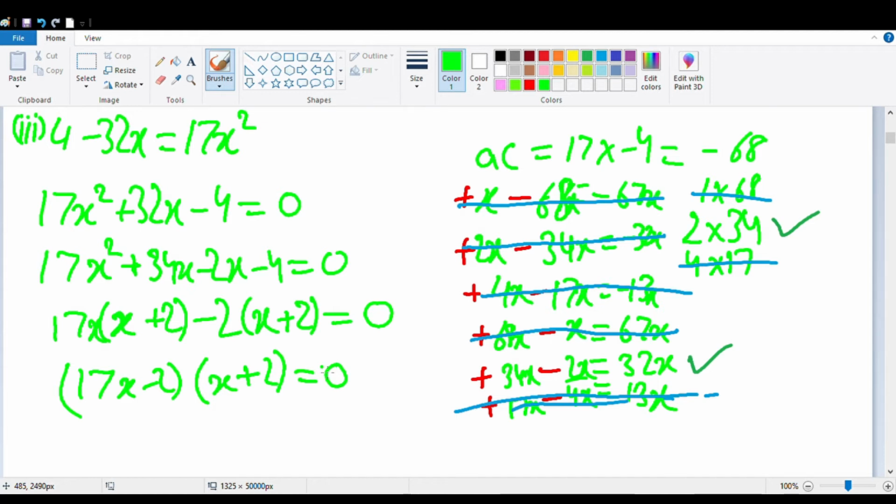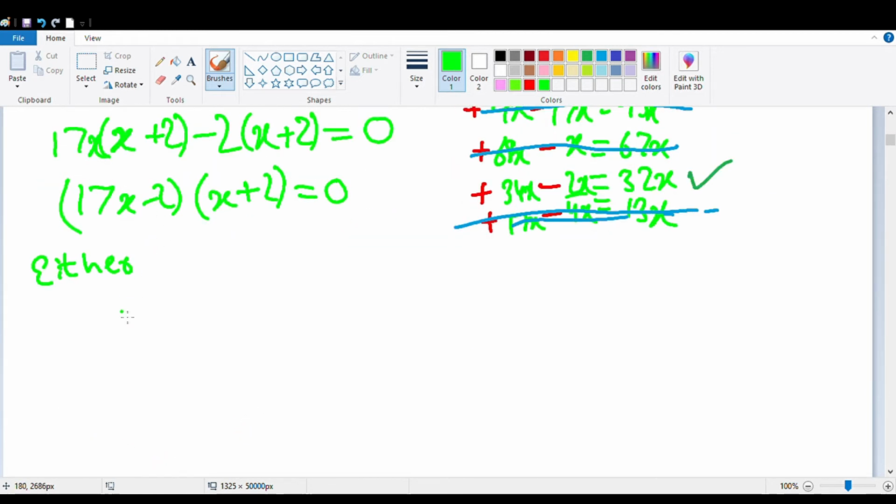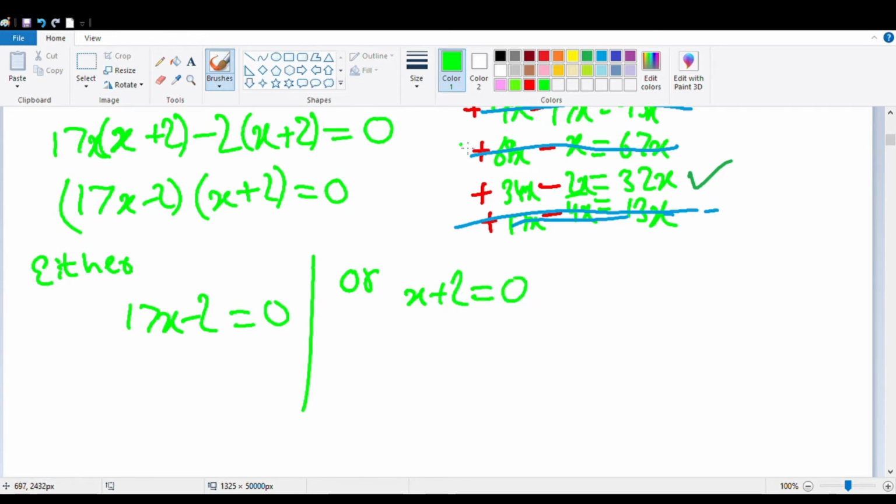So it's not a big thing if someone makes a mistake. But anyway, either 17x minus 2 is equal to 0 or x plus 2 is equal to 0.